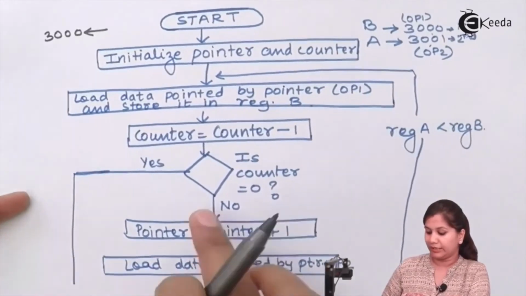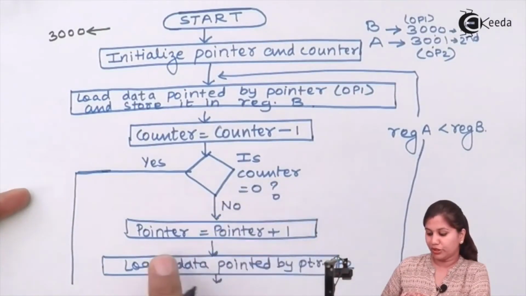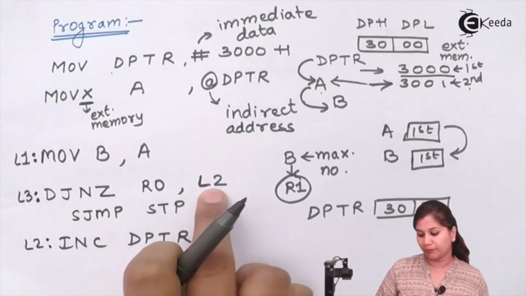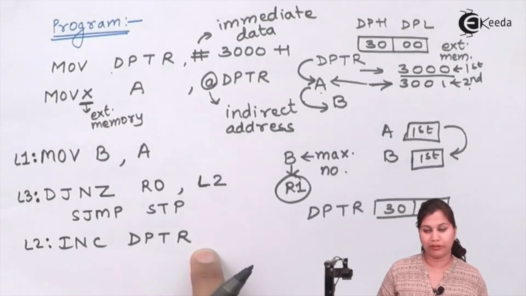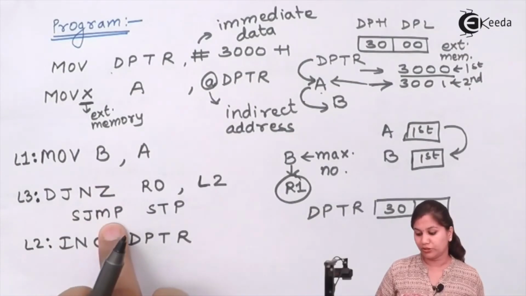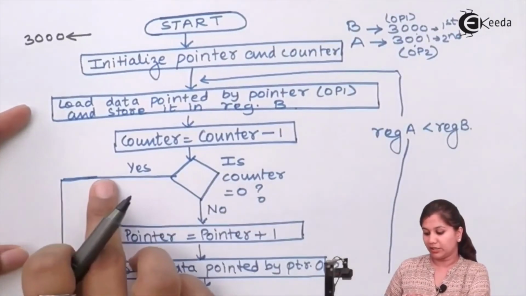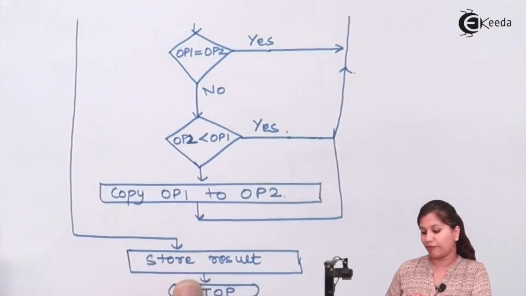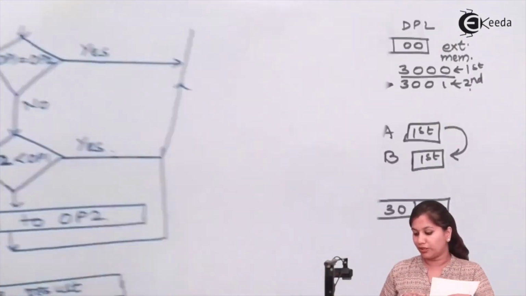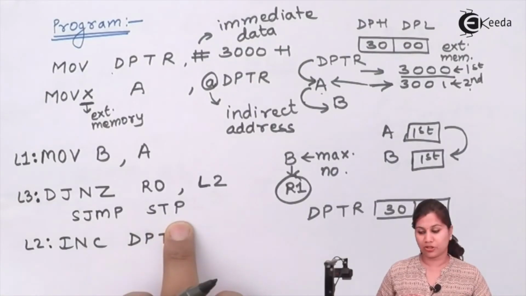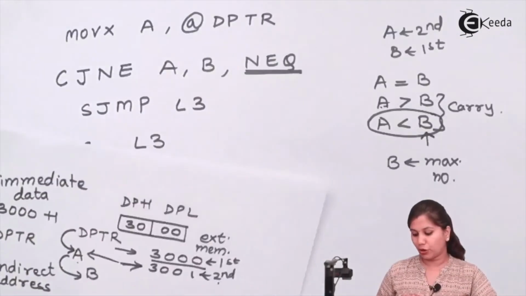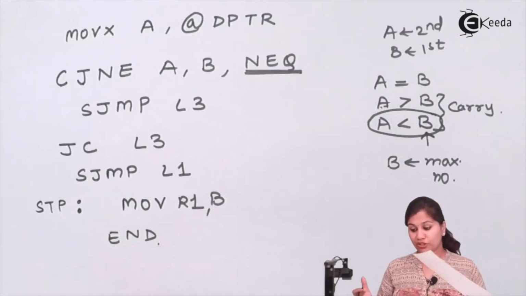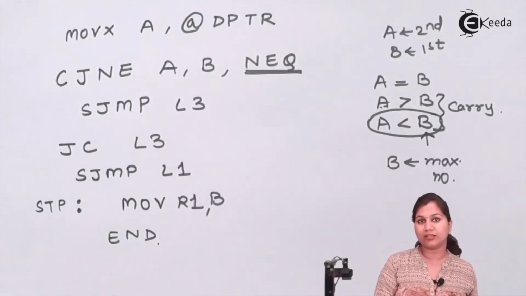When the counter is not equal to 0, jump and increment the pointer. When it is equal to 0, you have to come to the last step where you store the result. So here we have provided a short jump instruction at the stop label, and stop is placed where we are storing our result. So the instructions are matching with the flow chart.